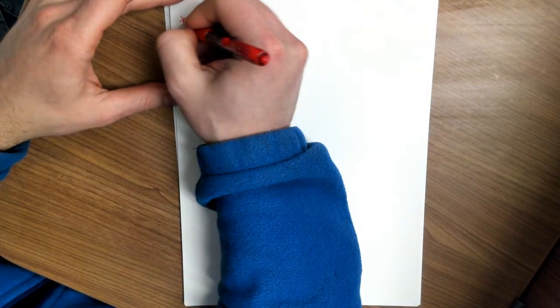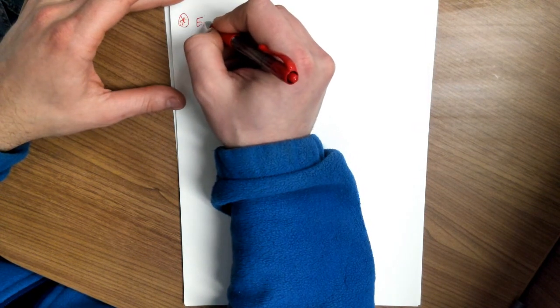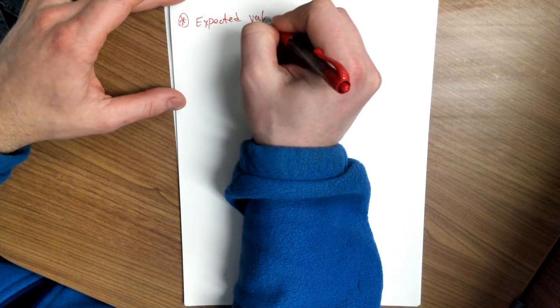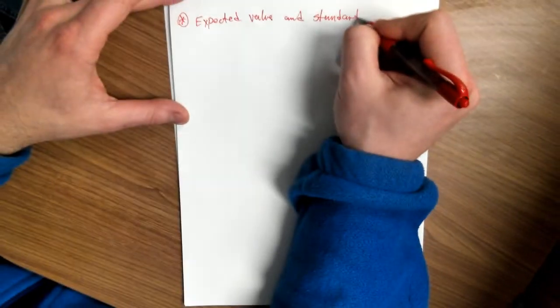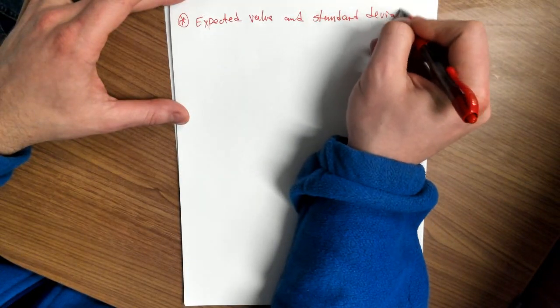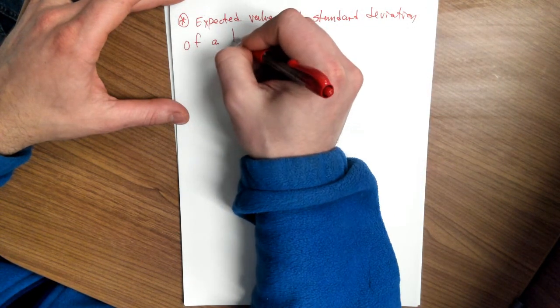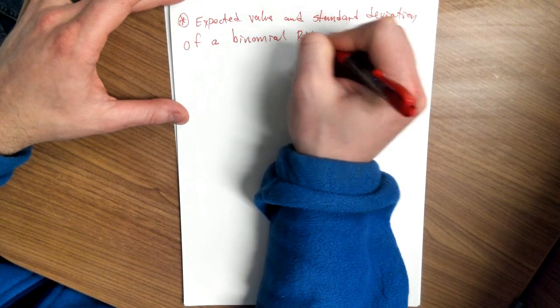So here, the expected value and standard deviation of a binomial random variable is.